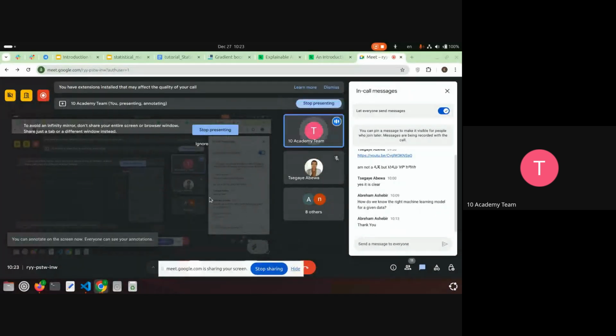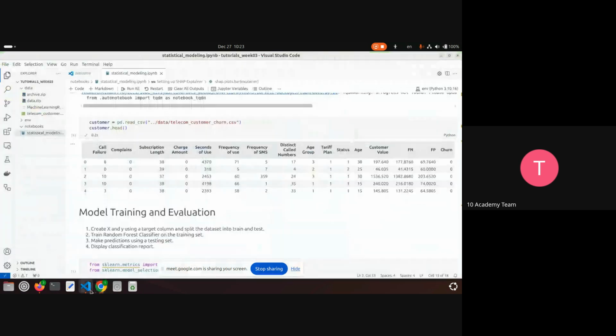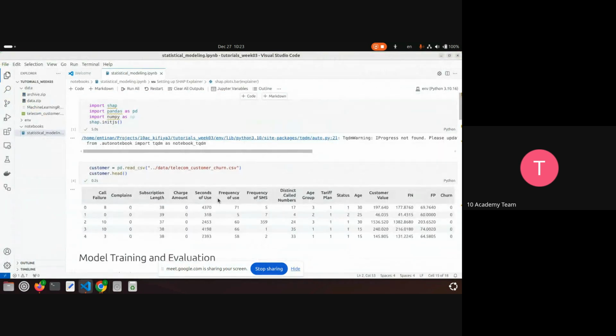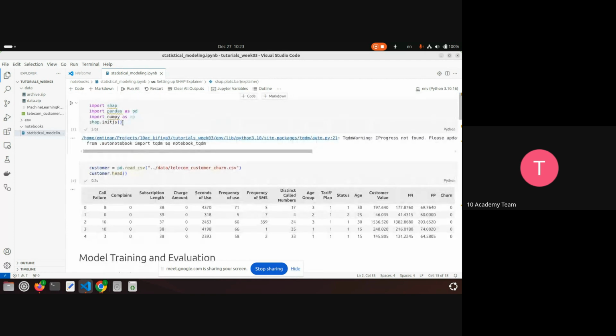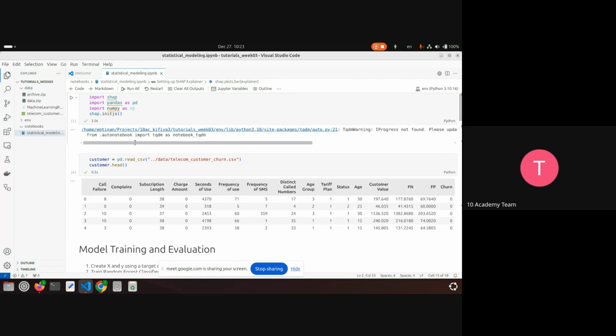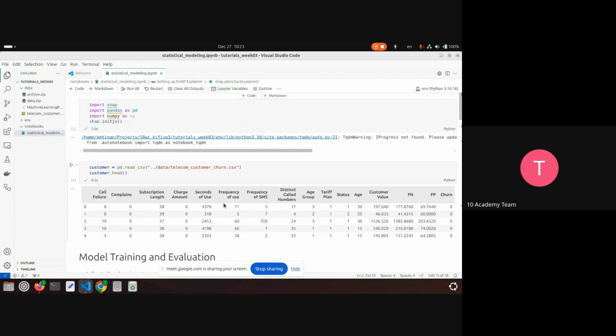I'm not sure if I added this as a resource there, but say I have some data here. It's telecommunication data, and it's a classification problem.